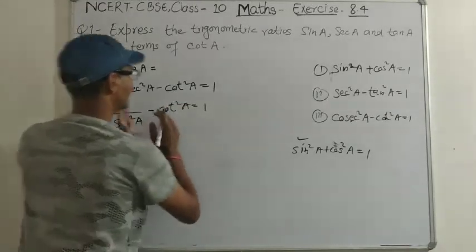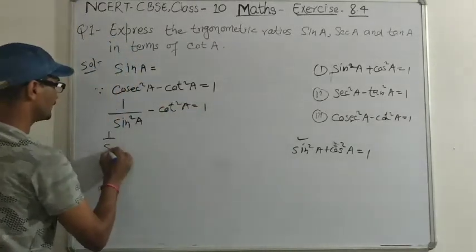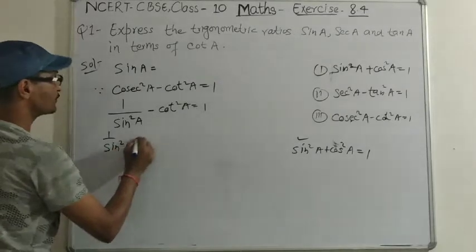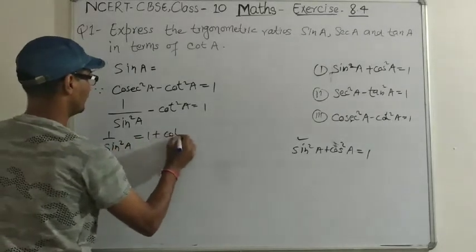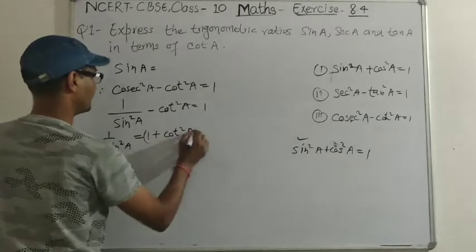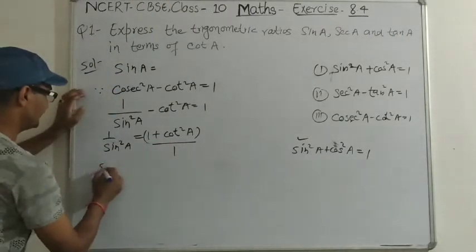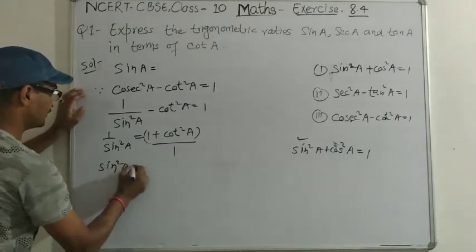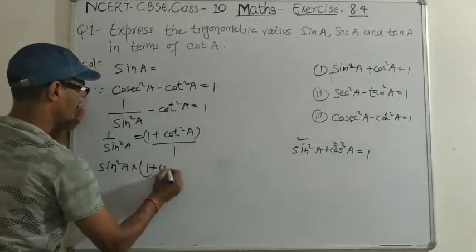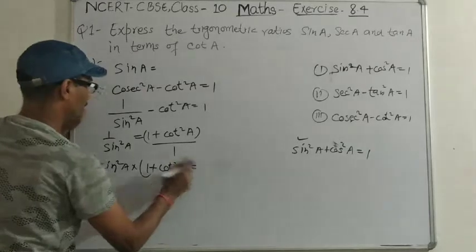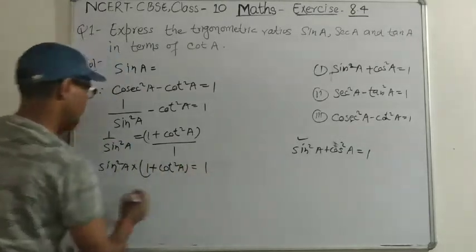Sending cot square A to that side, it is 1 by sin square A equal to 1 plus cot square A. Cross multiplying, sin square A into (1 plus cot square A) equal to 1 into 1, it is 1.